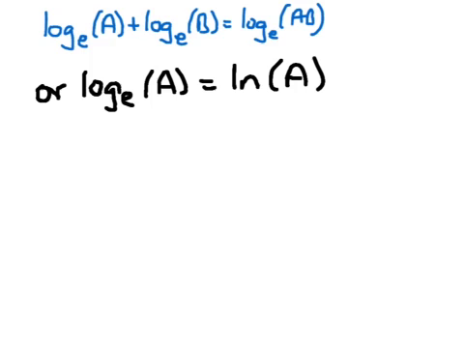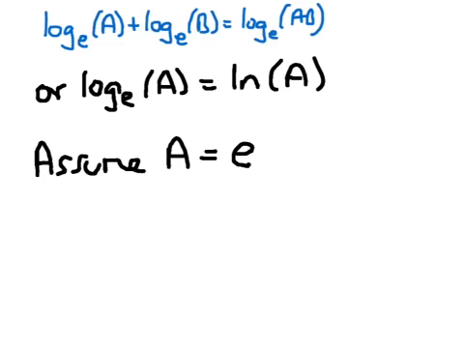So what I'm going to do is assume that capital A is the base e to some particular power, which I just call little a, and I'm going to assume that capital B is the base e to a power which I'm going to call little b.